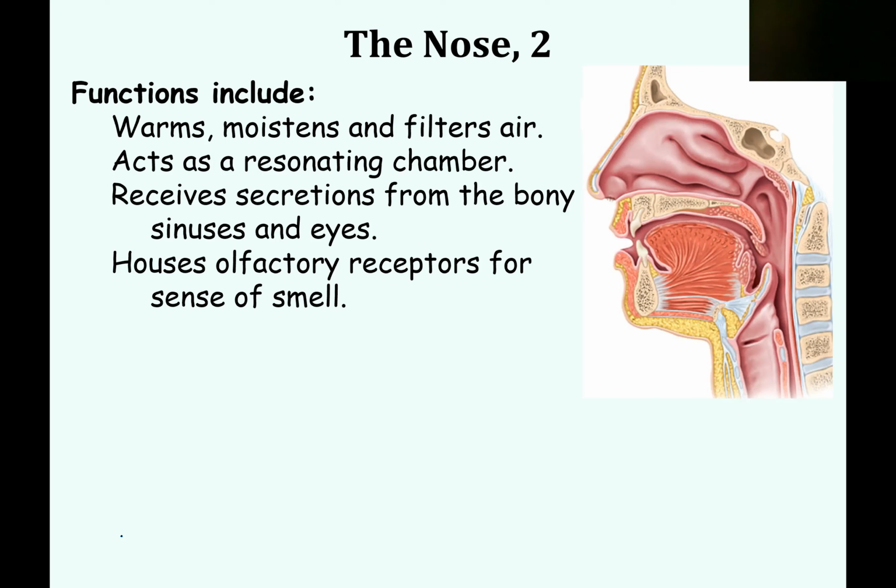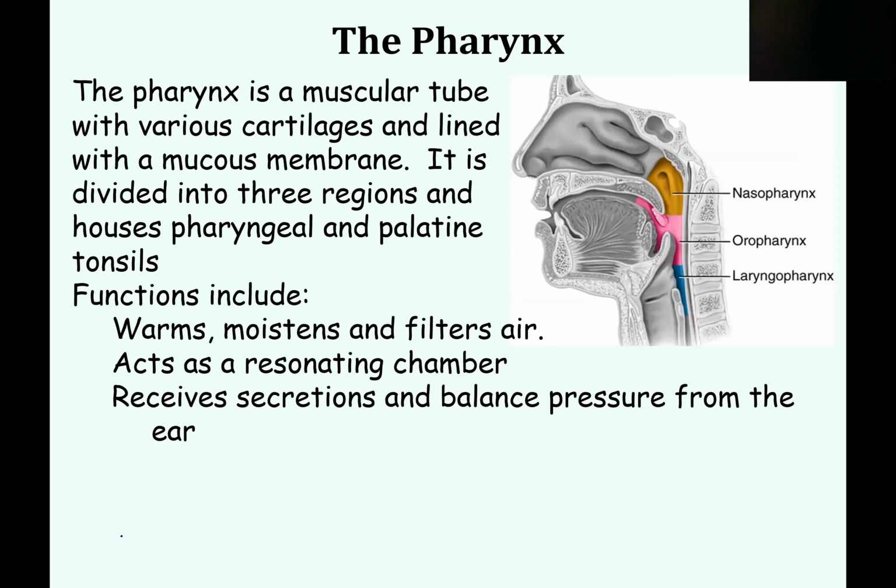Your second organ in the upper respiratory tract is the pharynx. The pharynx is a muscular tube. It's got various cartilages. You have a mucous membrane continuous with the one in the nose and continuous with the ones in the larynx and in the mouth. It's divided into three regions.